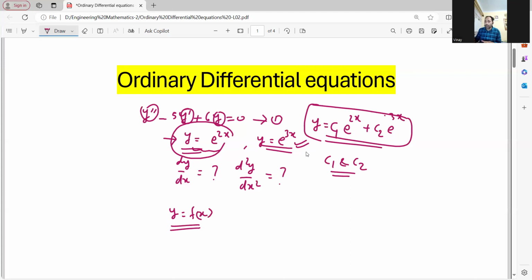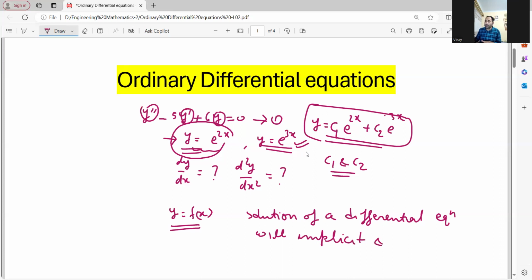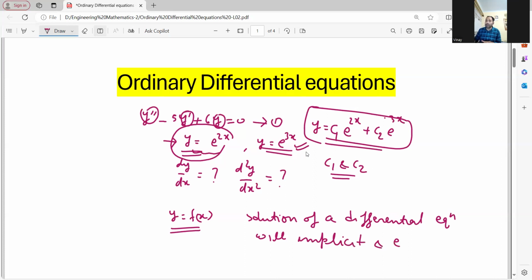There can be a time when the solution of a differential equation will be implicit. I think you understand the meaning of implicit and explicit. So it would be difficult for you to find the solution. Basically, that's what I want to point out.